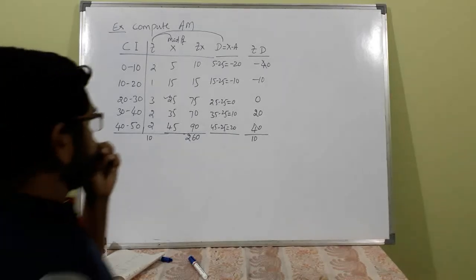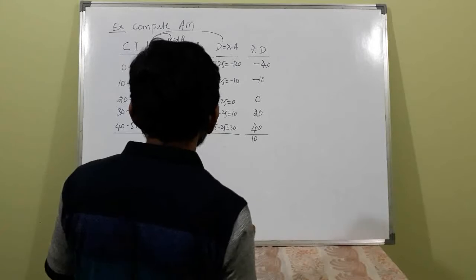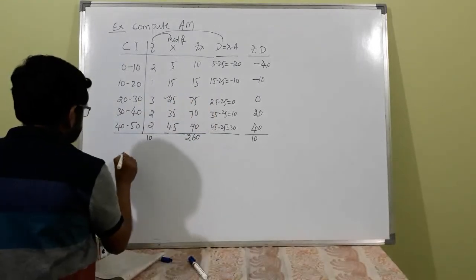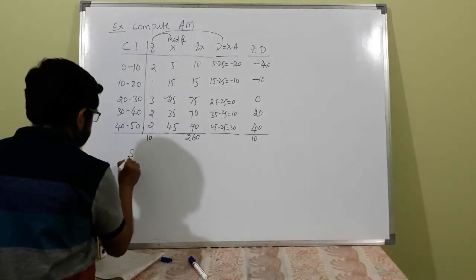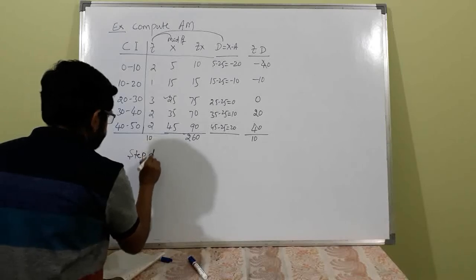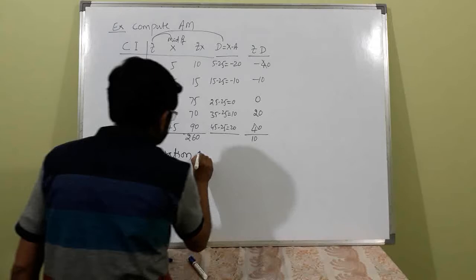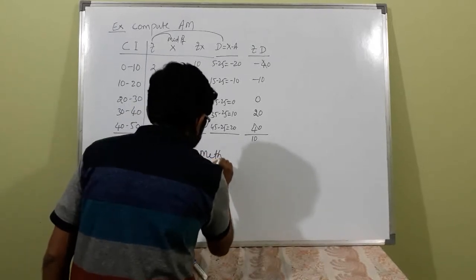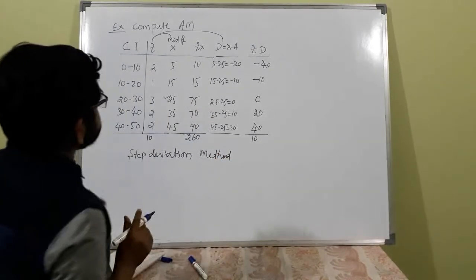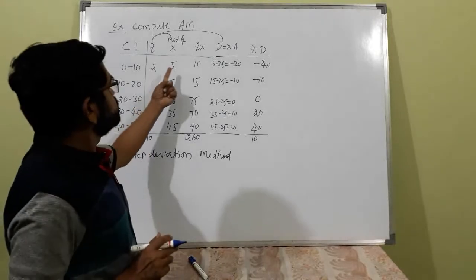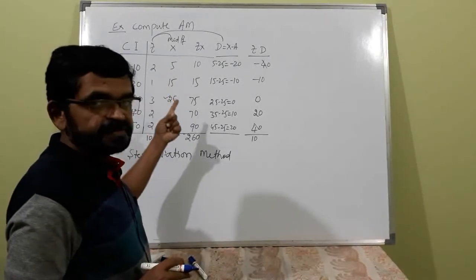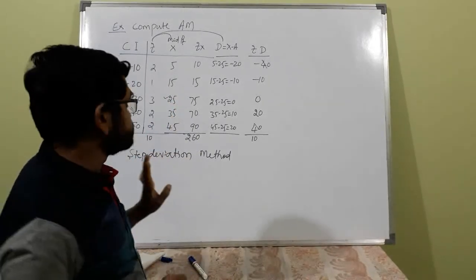Next one is by step deviation method. Third method is step deviation method. See, if you take the deviation from assumed mean, that is called as deviation.